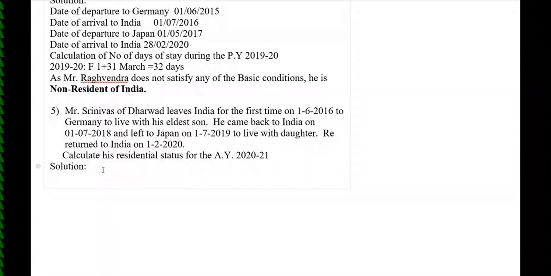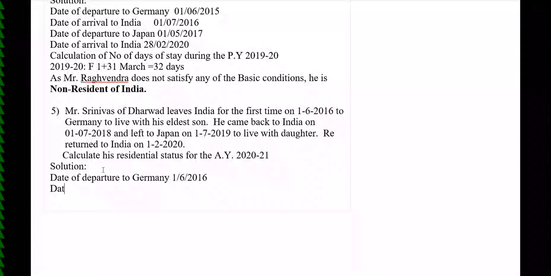So now date of departure to Germany, which is given as 1/6/2016. Then date of arrival to India, which is given as 1/7/2018.